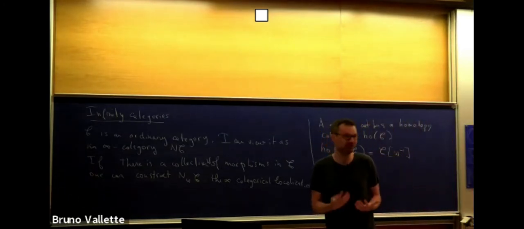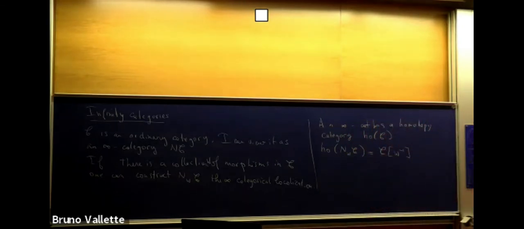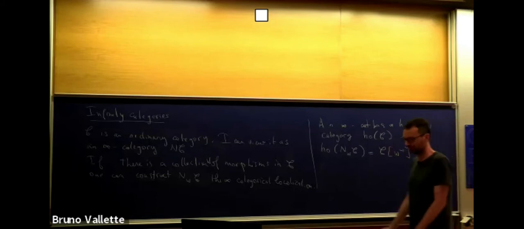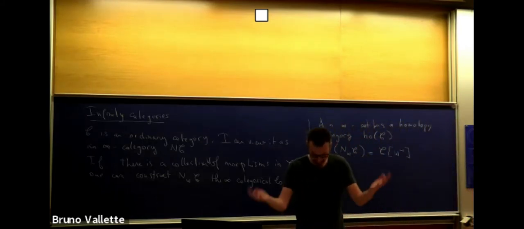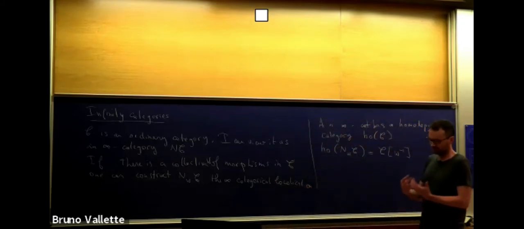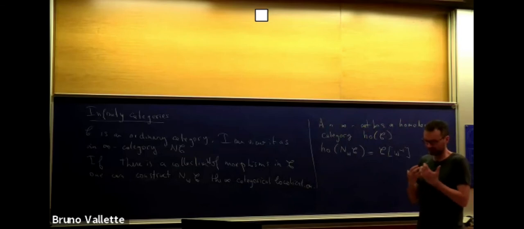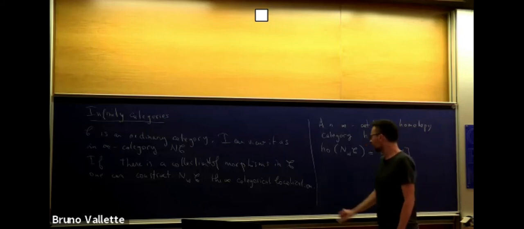You can do this in infinity categories, but everything that is sort of model dependent, you can't. It doesn't really make sense. So the infinity category is really just you remember the minimal amount of data so that you can do homotopy theory and nothing more. All right.